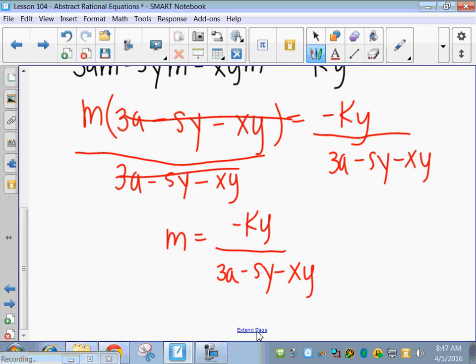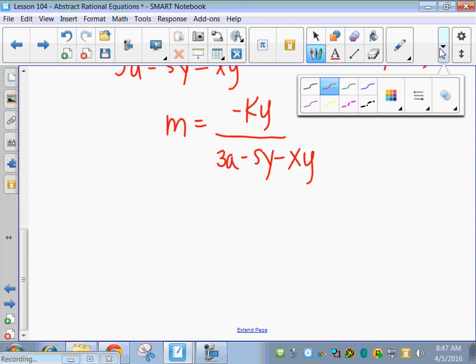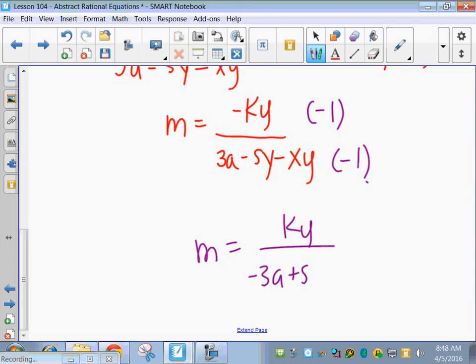Okay, your answer might be different from the back of the book. So when you're checking your answer, if you would have moved everything to the opposite side, then you could get a different answer. Here's how you check. If you multiply by -1 over -1 on your fraction, this would change that to positive, the 3a to negative, the sy to positive, the xy to positive.